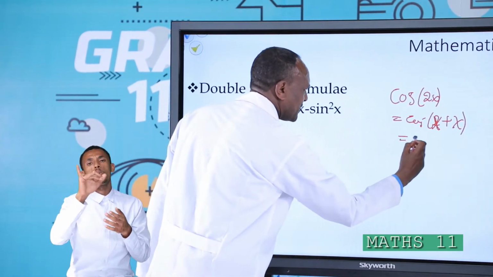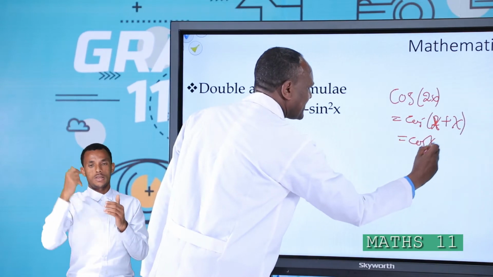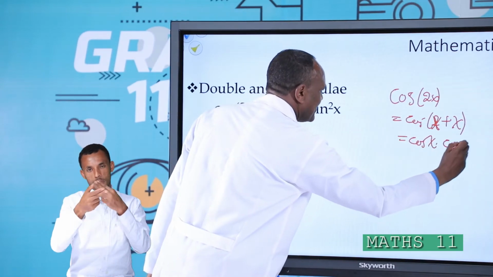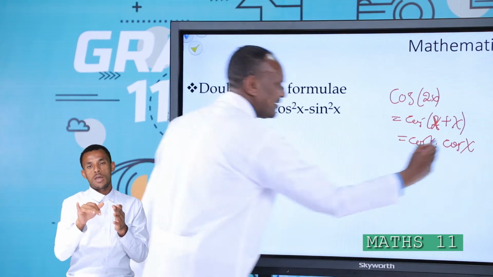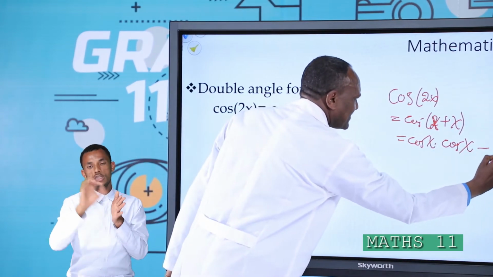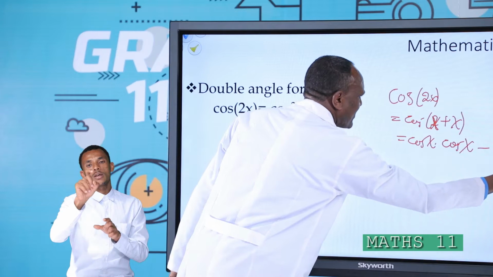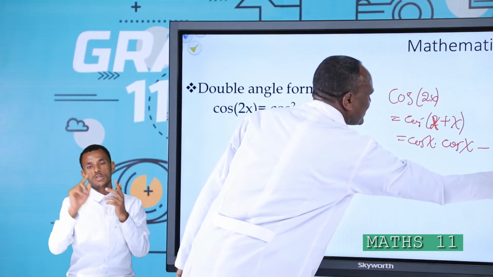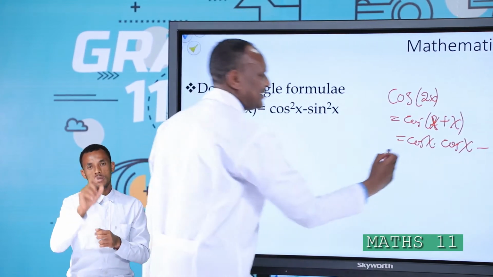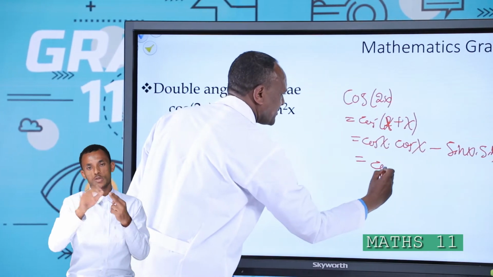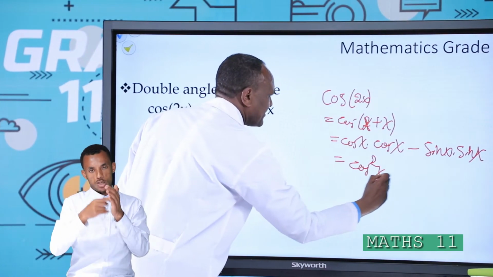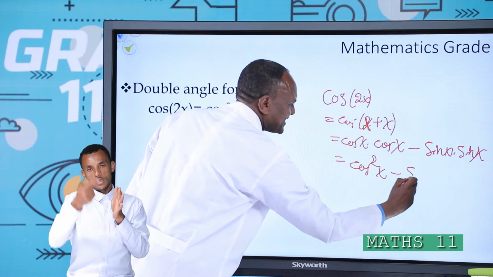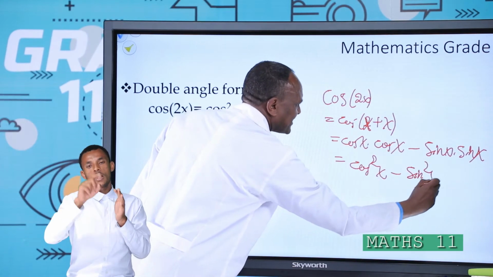So by the previous rule, cosine of x multiplied by cosine of y, in this case also x, minus sine of the first angle x multiplied by sine of the second angle, also x. Cos x times cos x gives cos square of x, minus sine x times sine x, which gives sine square of x.